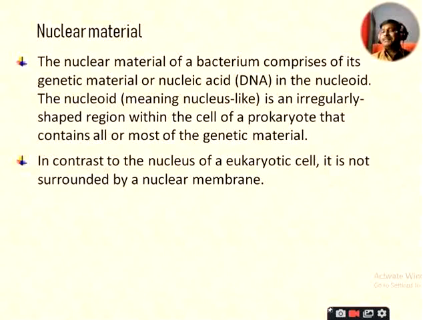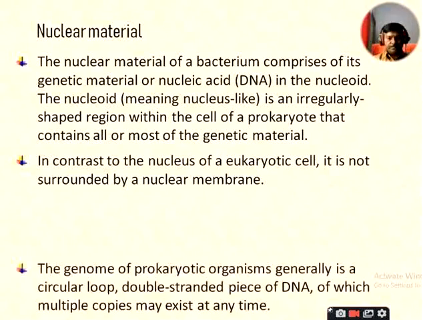Now what is the difference between nuclear material present in a prokaryotic cell and in a eukaryotic cell? In the case of a eukaryotic cell, the nuclear material is surrounded by a nuclear membrane, but such a nuclear membrane is absent in bacteria or in prokaryotic organisms.